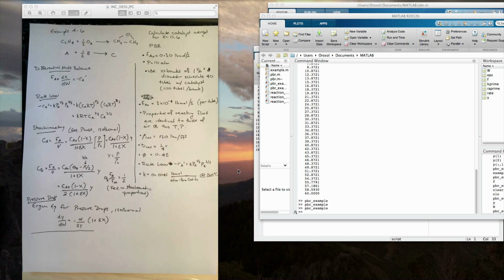And if you're not familiar with MATLAB, I actually recommend using Polymath because I think it's a little more straightforward as far as how to enter your equations. But if you want to use MATLAB or you're familiar with MATLAB, then I want to show you how to do this problem in MATLAB. And you can also use Aspen. I've never used Aspen.